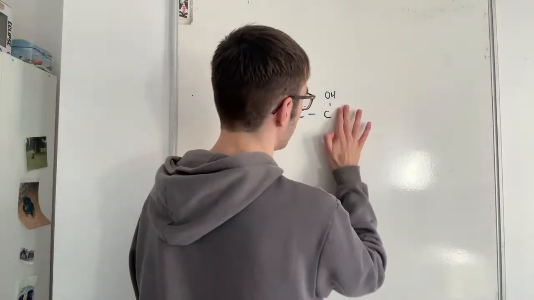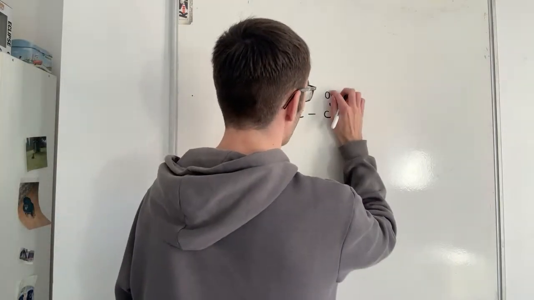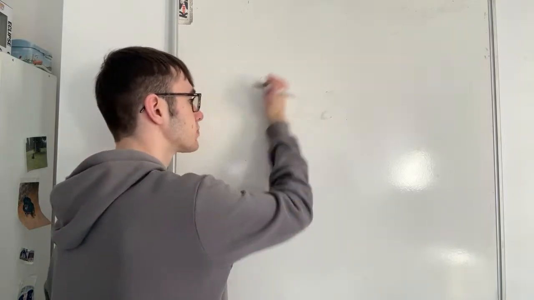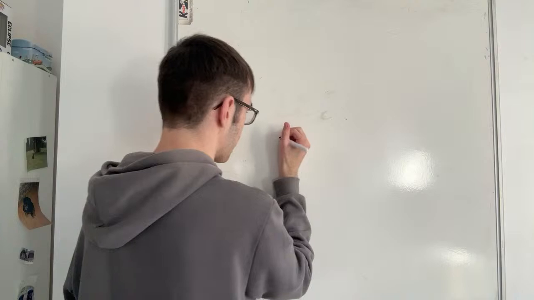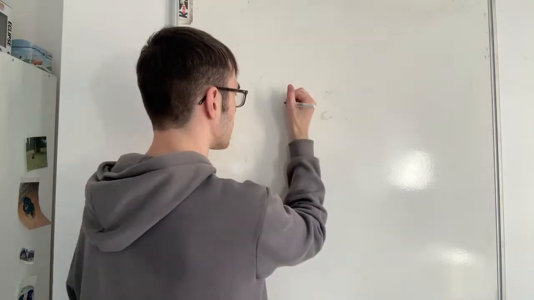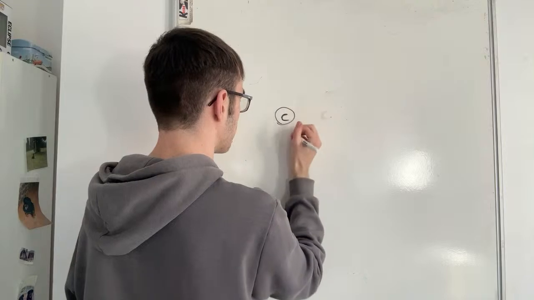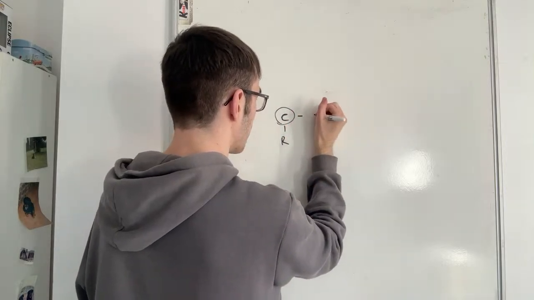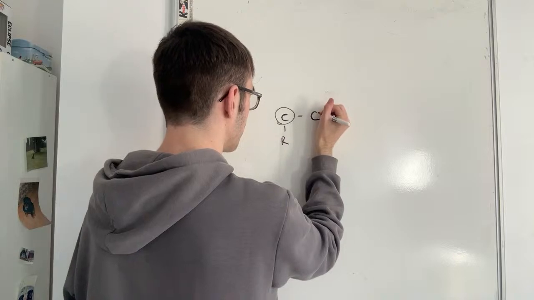Carboxyl group is going to need to be CO. Okay, let's think. Variable R group. Carbon in the middle. Variable R group. Carbon there.